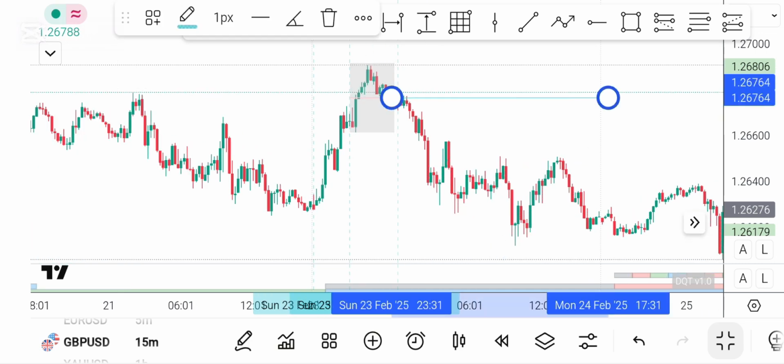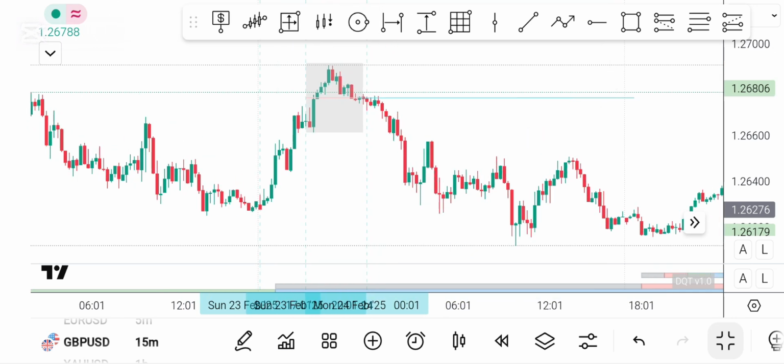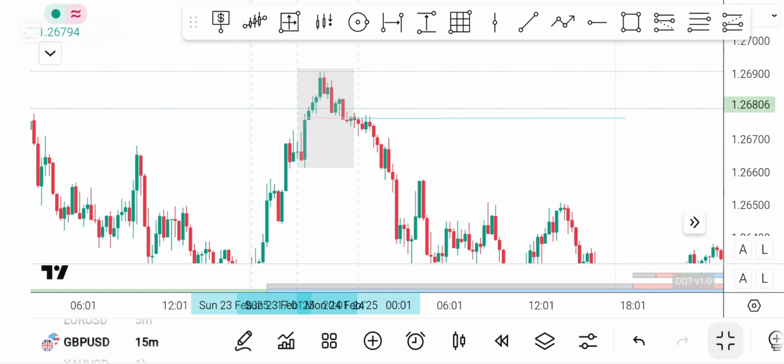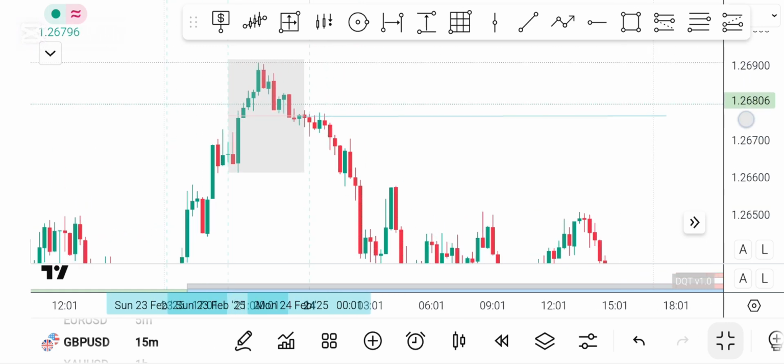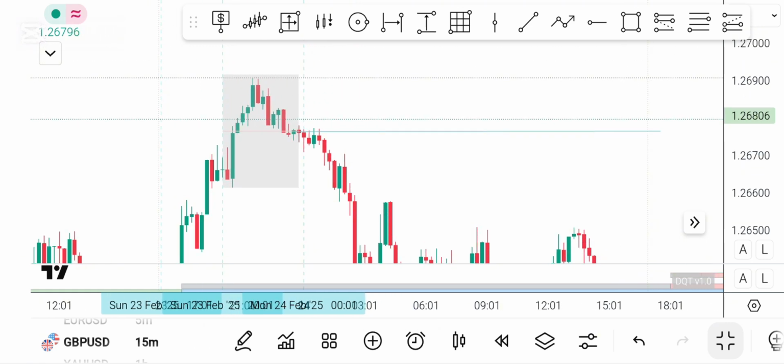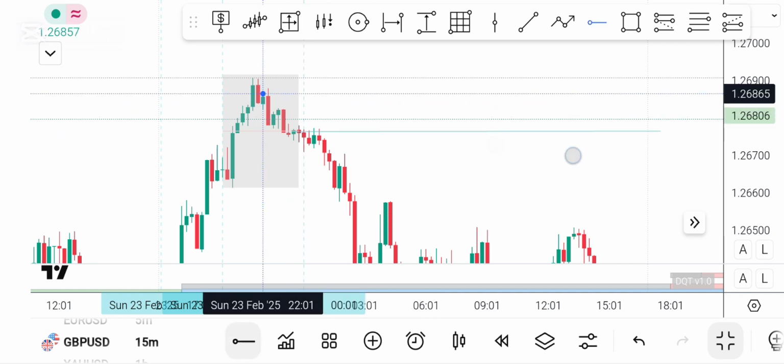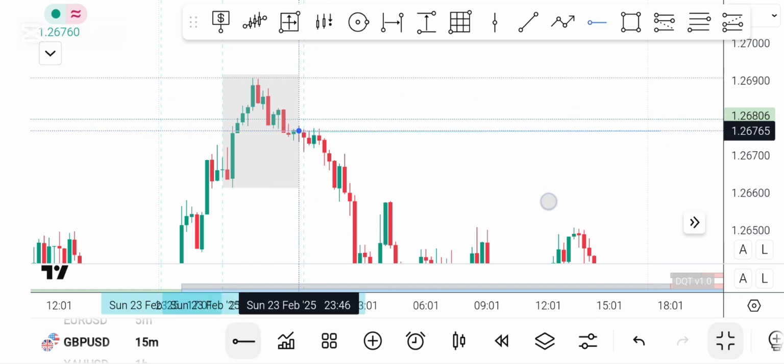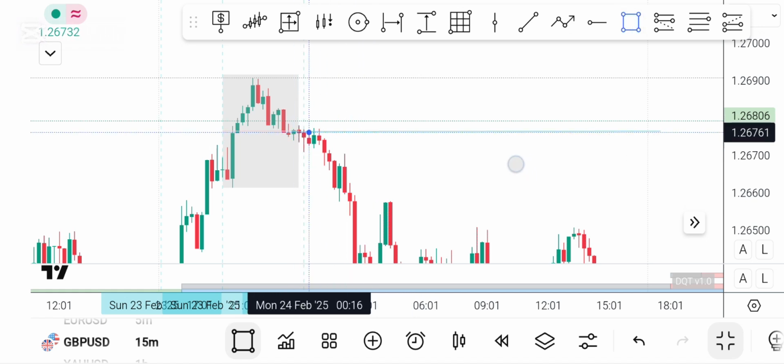I think Monday was a very difficult day following the strategy that we've been trying to implement, because what we simply want to see is a run on the Asian highs, buy side liquidity if we are bearish, and then we wait for a market structure shift, and then we take our trade. But when the market opened at the midnight opening price, we did not even trade above it.